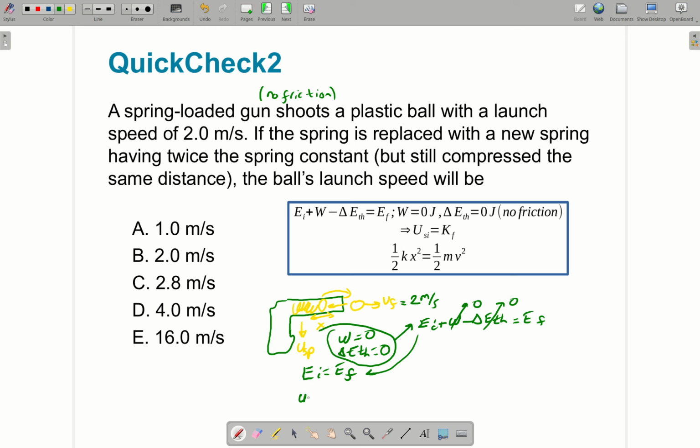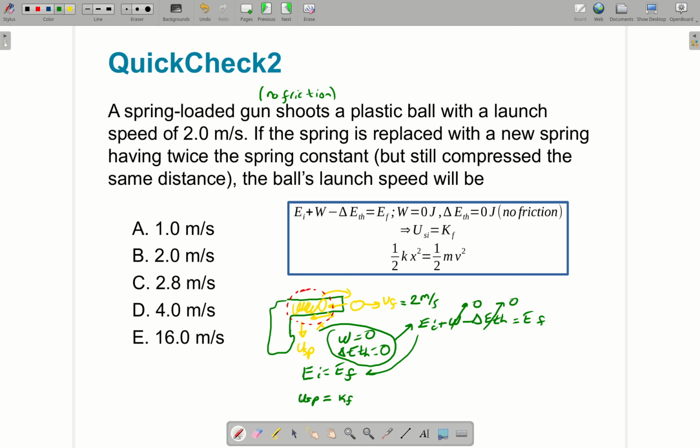Initially, we only have spring potential energy, nothing else. Kinetic energy of the ball is 0 here. And notice, my system is the ball and the spring in this case, so I'm considering what type of energy these two have. In the final, we only have kinetic energy of the ball.